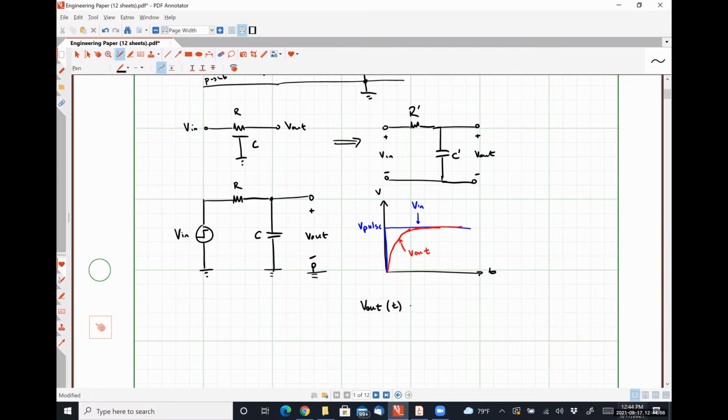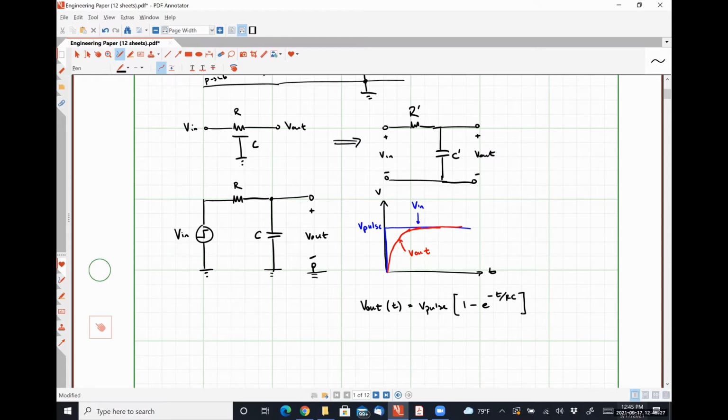It is going to be equal to V pulse, the maximum value of the voltage, multiplied by a factor of 1 minus e to the negative t divided by RC, where RC is the time constant for this simple RC network, right?